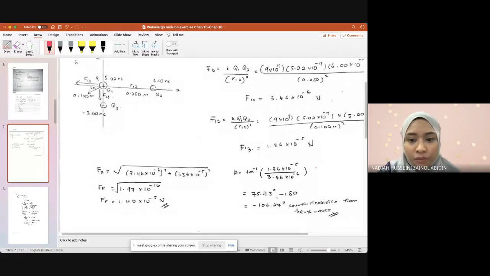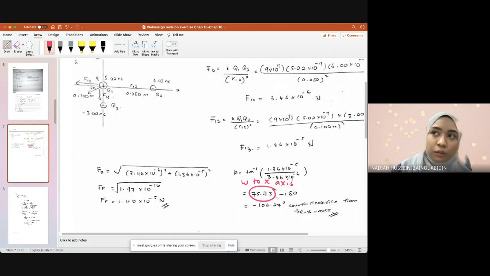So F12 should be the denominator. Okay, correct. 1.36 over 3.46. So she got 75.73. This answer is with respect to the x-axis. It is always with respect to the x-axis. Always. Always with respect to the x-axis.